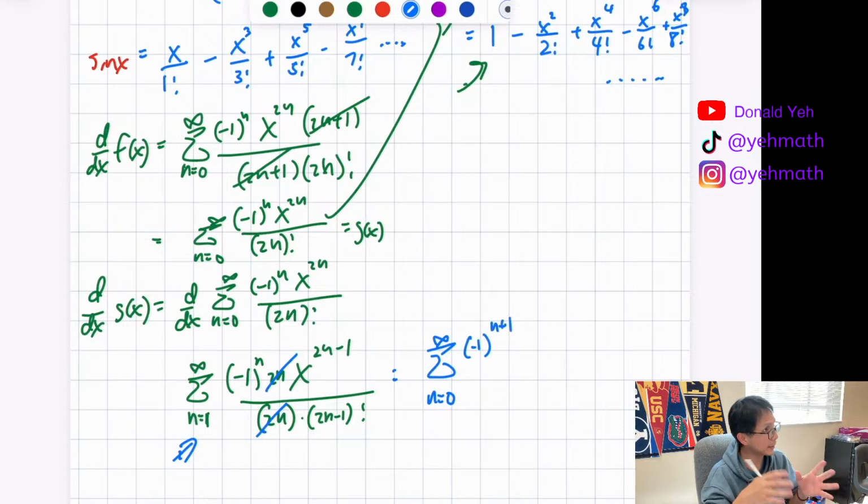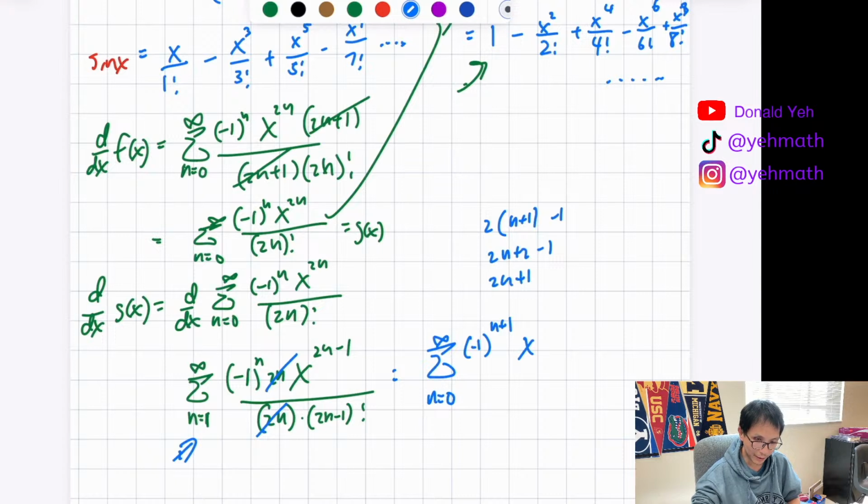You're going to replace the n with n plus 1. Does that make sense? And x to the, well, n is replaced by n plus 1, so it'll be 2 times n plus 1 minus 1. So it'll be 2n plus 2 minus 1, so it'll be 2n plus 1, over 2n plus 1 factorial.